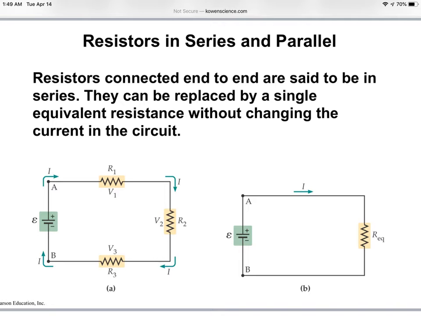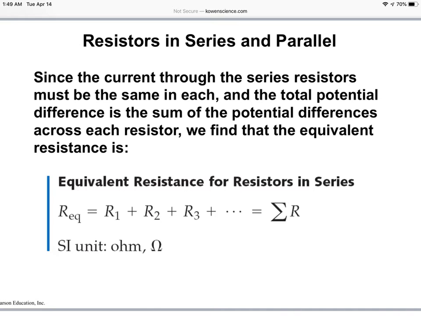Each of the diagrams you see below is resistors in series. Since the current through the series resistors must be the same in each, the total potential difference is the sum of the potential differences across each resistor. We can find the equivalent resistance by saying the equivalent resistance equals resistance 1 plus resistance 2 plus resistance 3. The units will be in ohms.